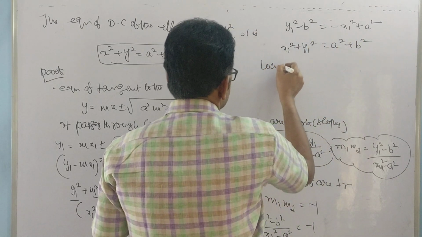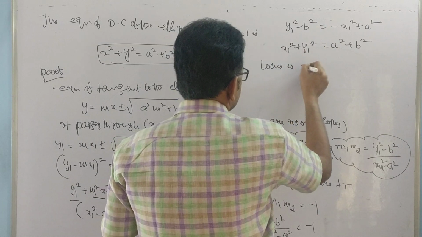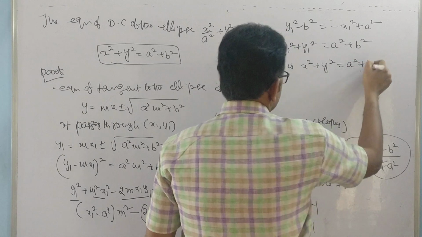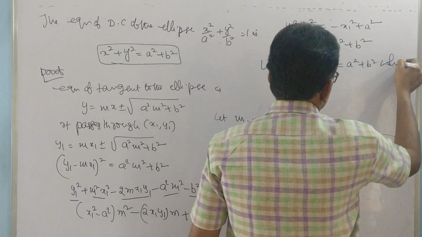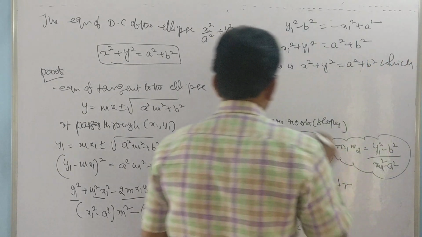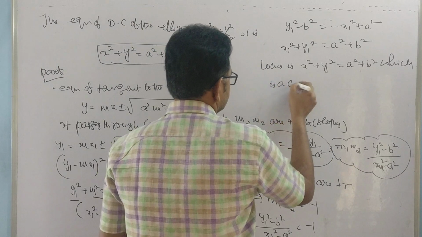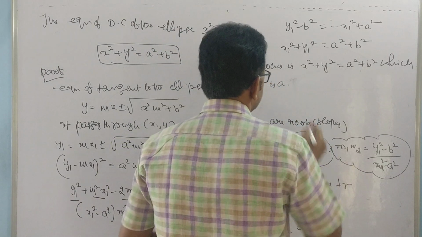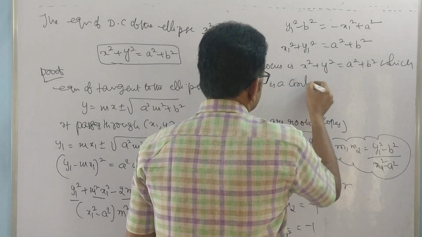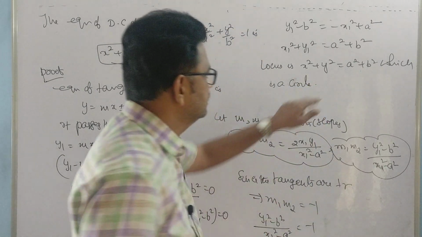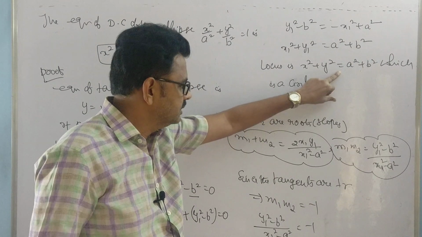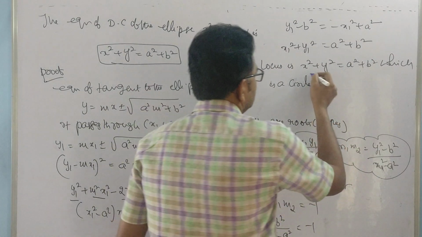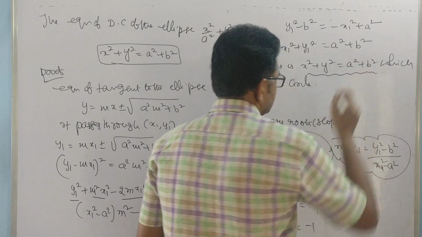Therefore, the locus of the point x1 y1 is x square plus y square equal to a square plus b square, which is a circle concentric with the ellipse, because the center of the circle is 0, 0 and the center of the ellipse is also 0, 0. So this is called the director circle.